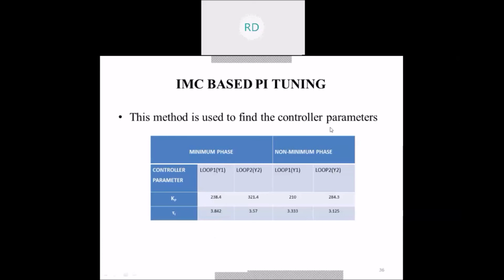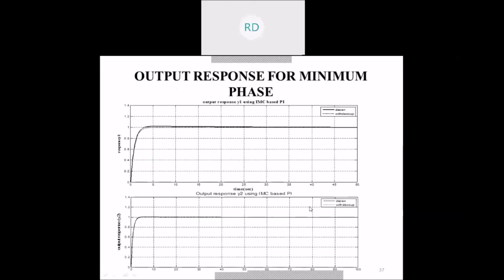I'm just comparing different tuning methods: direct synthesis, relay tuning, as well as IMC based tuning. From the IMC based tuning, I get Kp and tau I, and from tau I we can take Ki, right? This is the tuning parameter values for minimum as well as non-minimum phase.